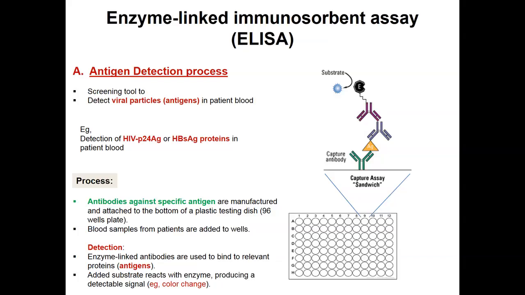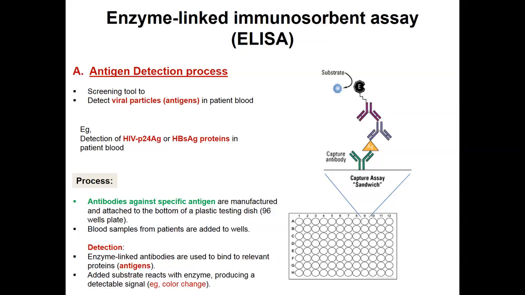Inside the 96-well plate, you attach an antibody that recognizes your antigen. All right? Here is the key. The capture antibody is inside the well. As you see in the well here, this antibody is attached in there. Okay? You synthesize and attach it in there. Now, this antibody recognizes the HIV or hepatitis B antigen.